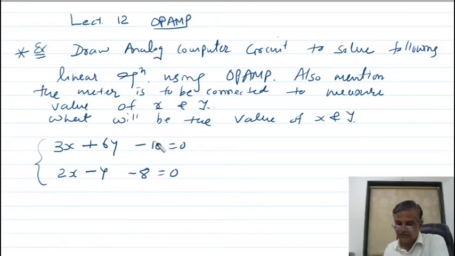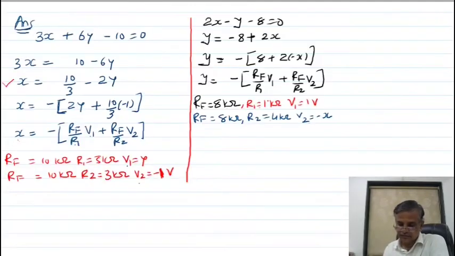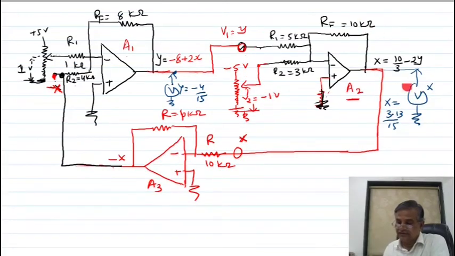First I took this equation and from this I found the x. Then I wrote it in standard form. Compare these two equations, so select the values of R1, RF, R1, V1, R2 and V2 such that you will get this equation. I have selected, and for this you make this circuit diagram.